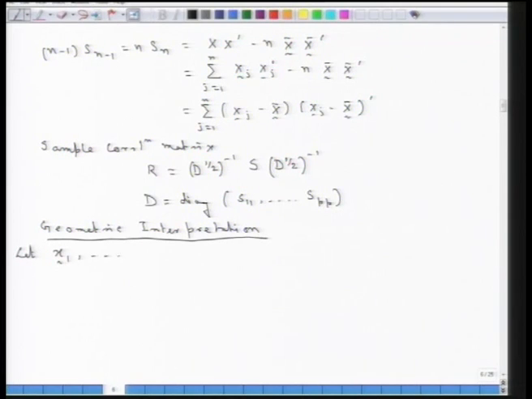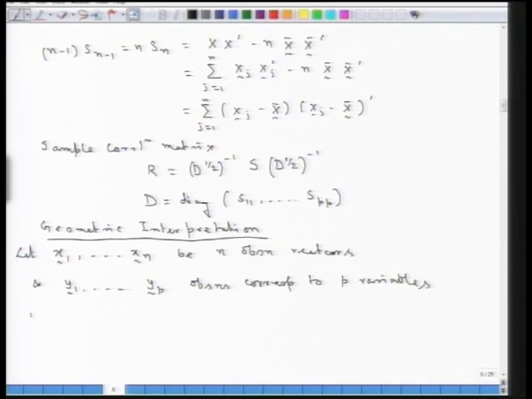Let x1, x2, xn be n observation vectors. Now from these observation vectors, we had seen that one can also write this in terms of yi's. So this y1 vector, y2 vector, yp vector, these would be observations corresponding to p variables.